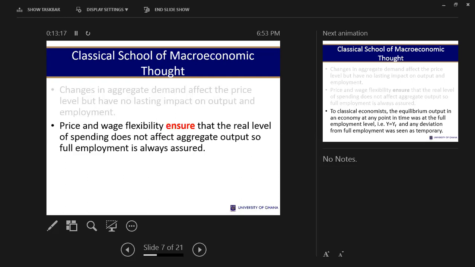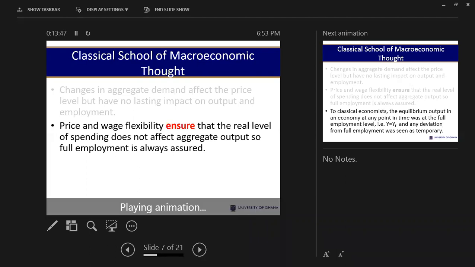They are just there to cause short-term or temporary disequilibrium. But just know that prices can change. They can go up at any time. They can come down at any time, just like wages. But later on, you see that it's not always like that. When Keynes came in, for these people, that was what they believed in: that price and wage can really move freely at any point in time.